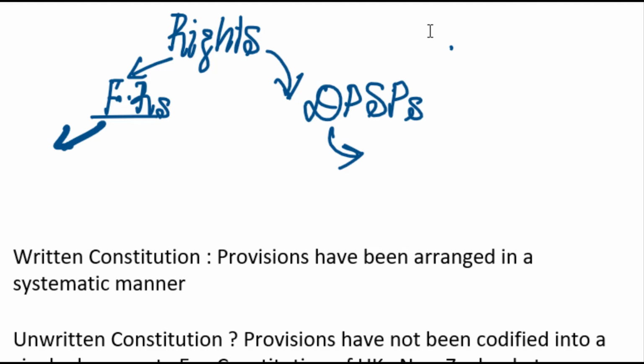Whereas the DPSPs, the directive principles of state policy, mainly the social and economic rights, are those rights which were then and are now beyond the state's limited resources, and therefore were left to the discretion of the state to provide for as and when the state gets the necessary resources. Let's understand this.